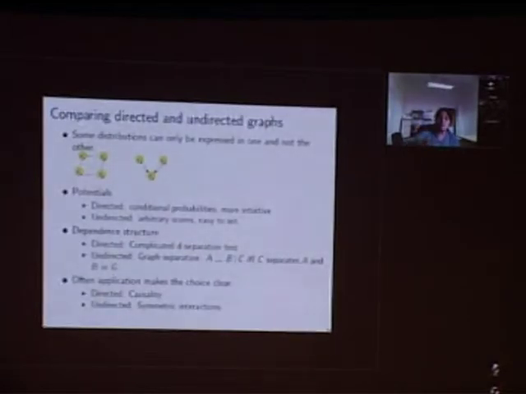Because of the rule that I mentioned earlier, that if you have a potential over a subset of variables, they have to form a clique in the graph, if you have an edge over every pair of variables, the MRF corresponding to that will be a complete graph. But the potential does not have to be over all the variables as a single potential function.